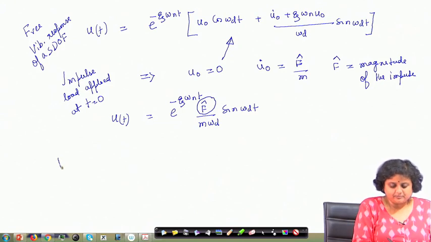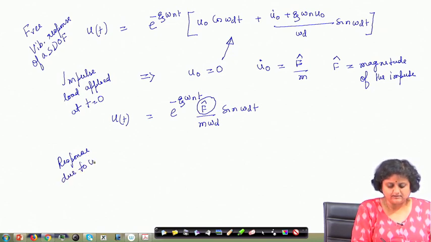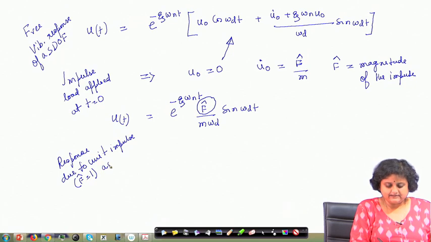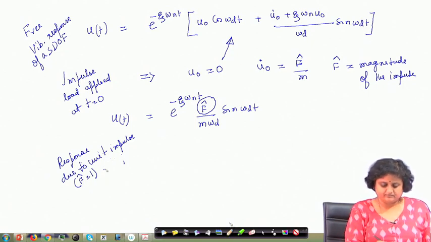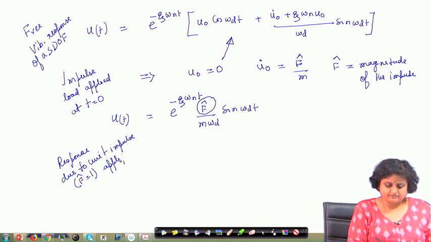Therefore, the response due to unit impulse, that is f hat is equal to 1 acting at t equals 0, or applied at t equals 0, is going to be h(t).